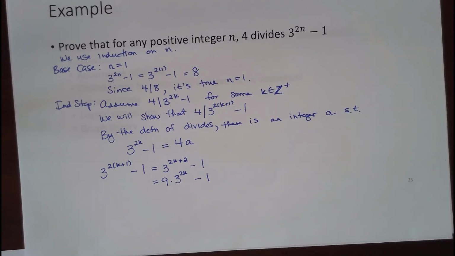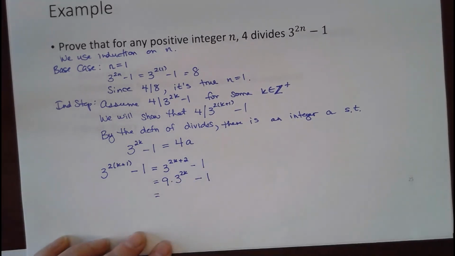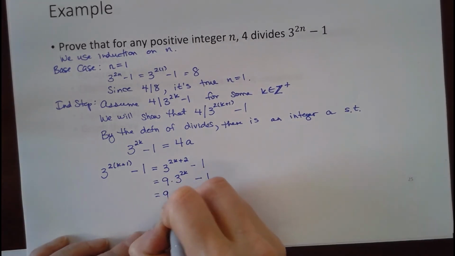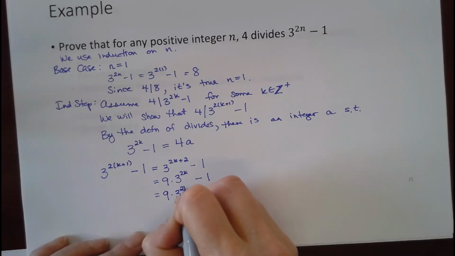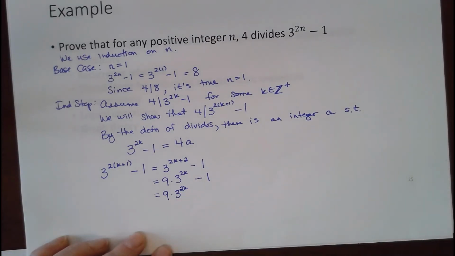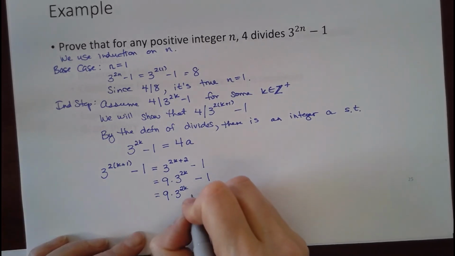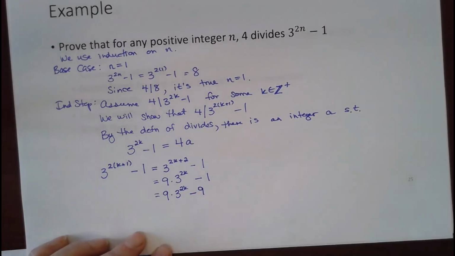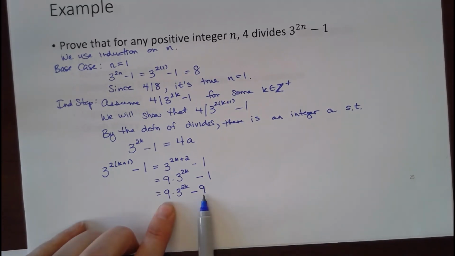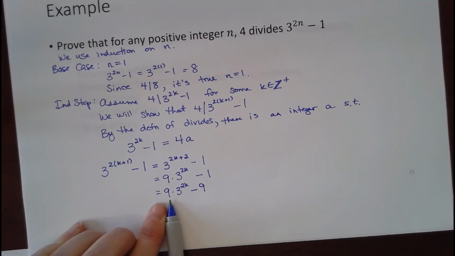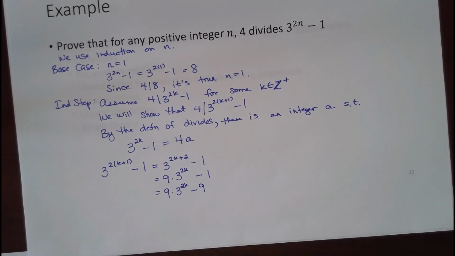And this is where, again, you can use a little bit of ingenuity. So I'm going to take this 9 times 3 to the 2k and say, well, if I were to put a minus 9 there, then I could factor out this common 9. And if I factored out that common 9, this part of it would be 3 to the 2k minus 1. Woohoo! That's what I want.